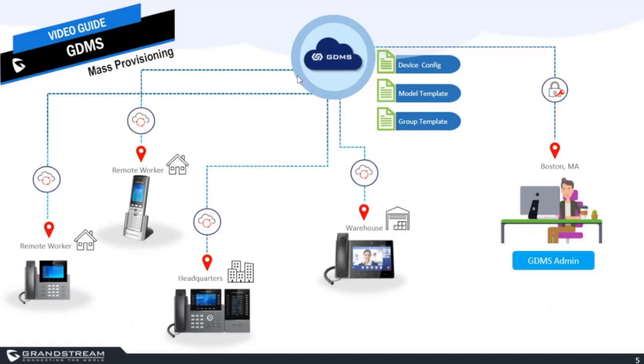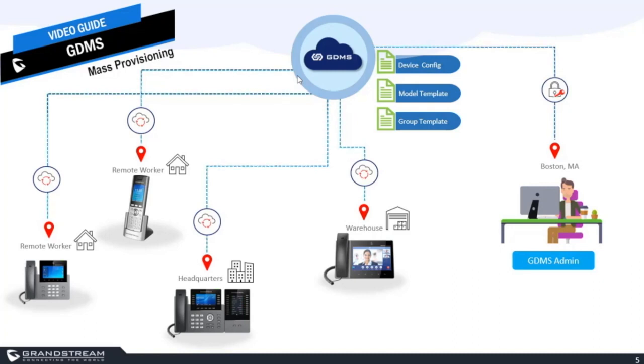So mass provisioning of Grandstream devices is one of the major benefits of using Grandstream GDMS, because it saves you time and resources to deploy and configure a large number of devices. The templates configuration page on GDMS allows administrators to create templates that can be used to provision devices of the same model or in the same group.